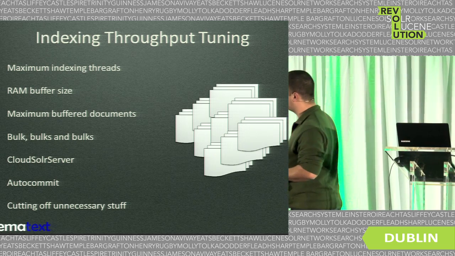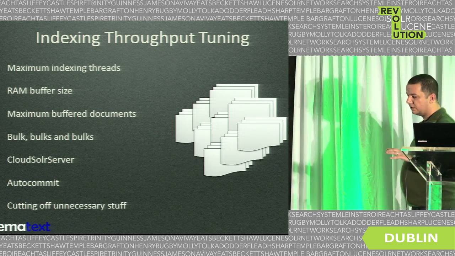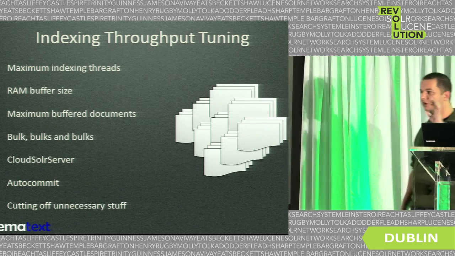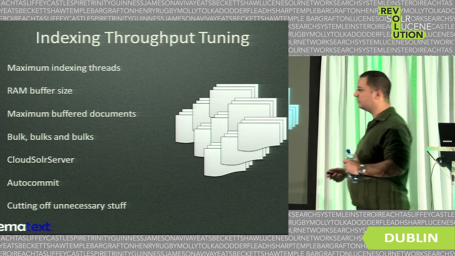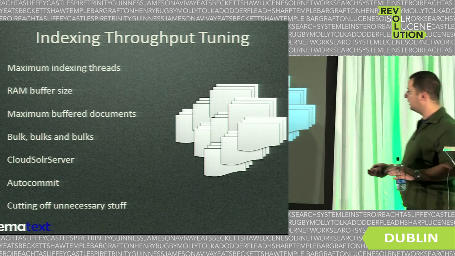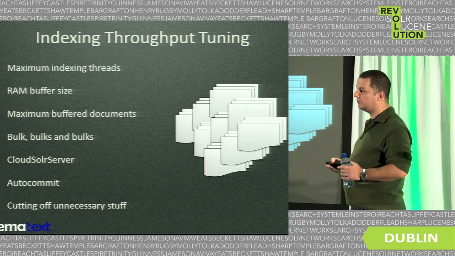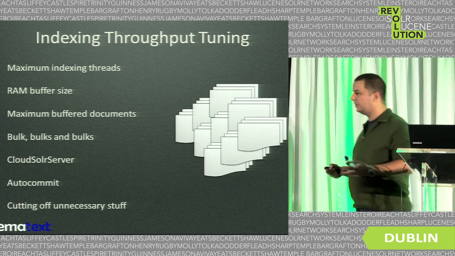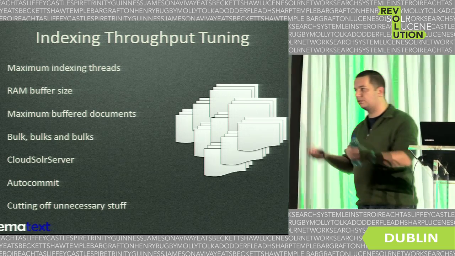There is a RAM buffer that allows us to define how much RAM we can use for buffering documents, and the same with the maximum buffered documents when we specify an amount of documents we may buffer. We should use bulks. Don't send documents one by one because it's not efficient, not only because of requests, but also about the network throughput, the parsing.